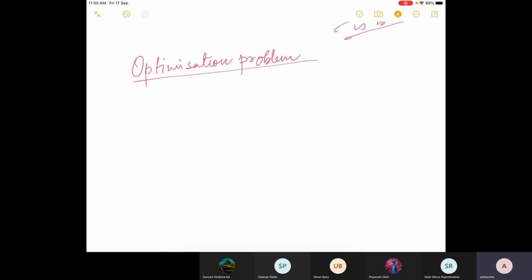So as I was telling you, oftentimes dynamic programming problems are examples of optimization problems. So what is an optimization problem? Typically, a problem instance here will have many candidate solutions.